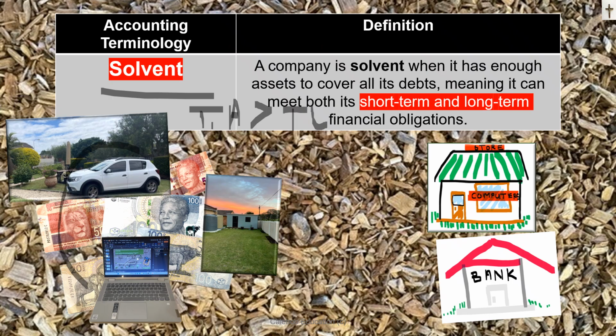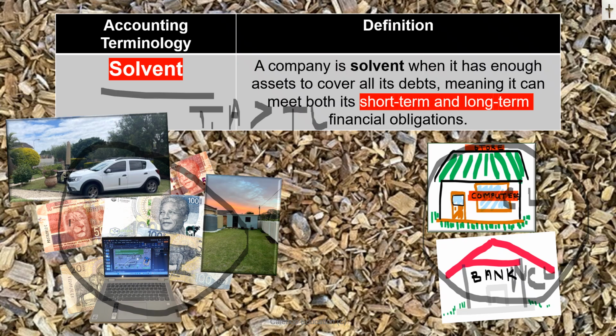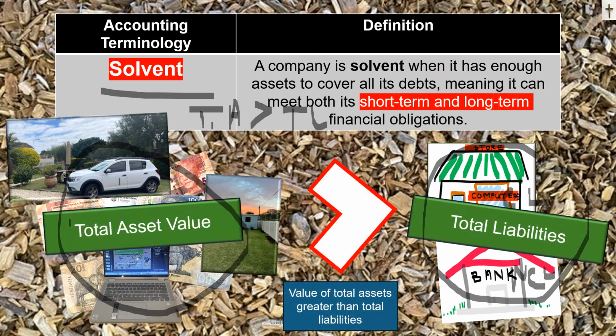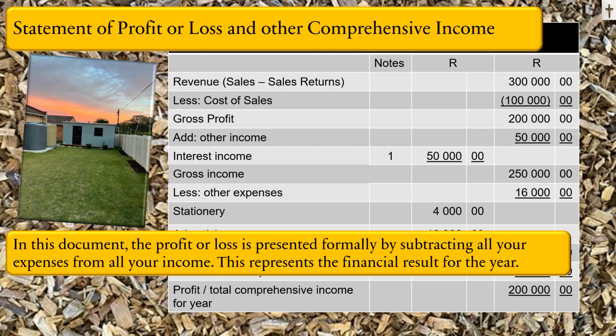So our assets, including current and non-current, are greater than our total liabilities. Long-term loan, non-current liability, and current liability, our supplier. So the total asset value is greater than the total liabilities.